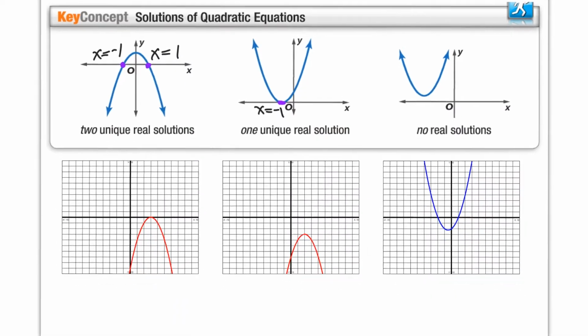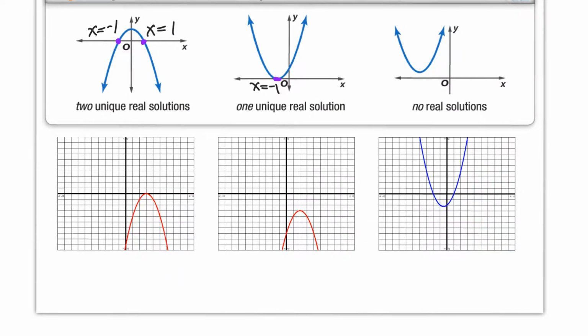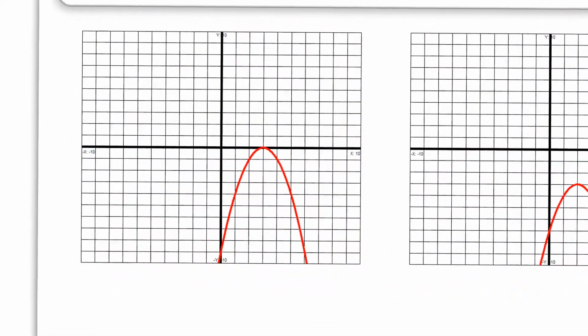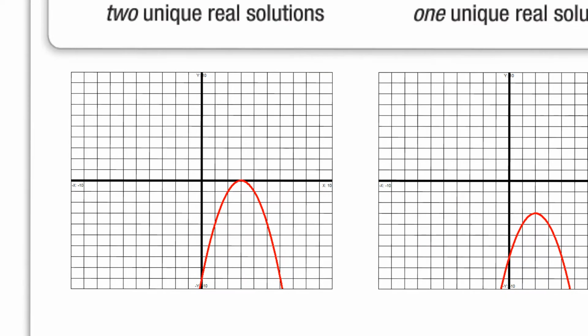So let's look at these 3 graphs on the screen. The first one, you notice we have the parabola going down, and the point that is touching the x-axis, I'm just going to make a big X here so you know that's the x-axis, that's the y-axis. Well, the point is here. Now, what is the x coordinate or the x value on that point? Well, I'm just going to look at the x-axis.